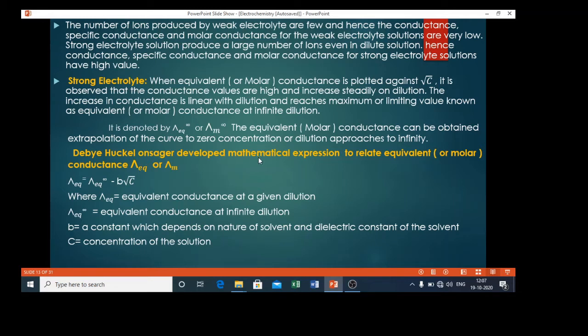Debye-Huckel-Onsager developed a mathematical expression to relate equivalent conductance or molar conductance.